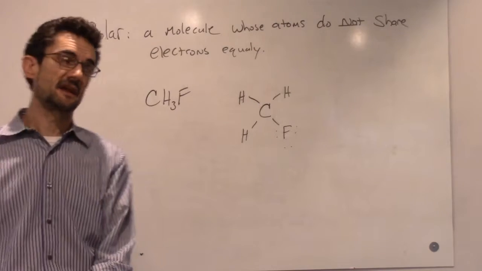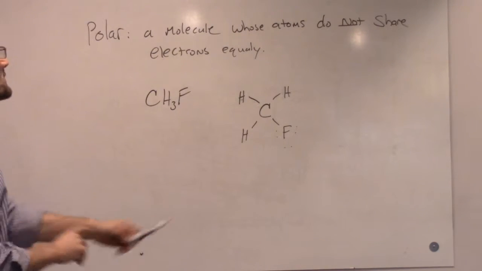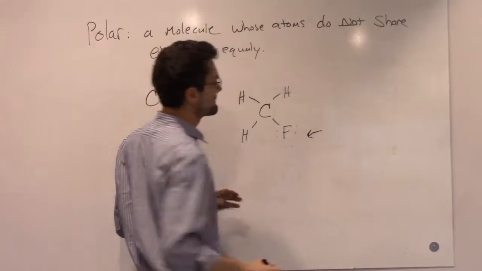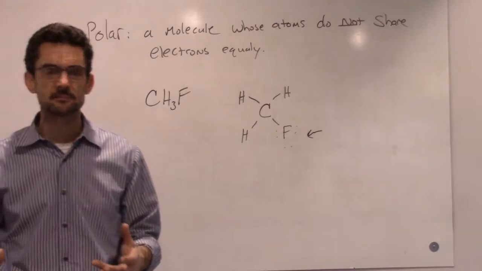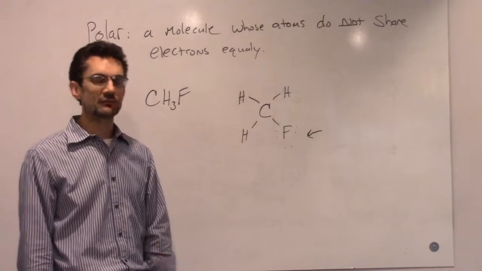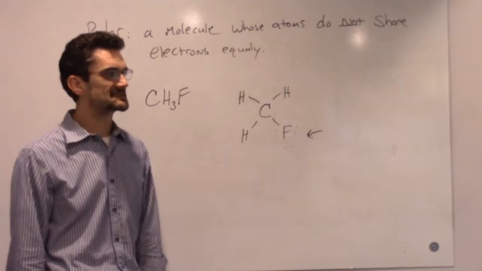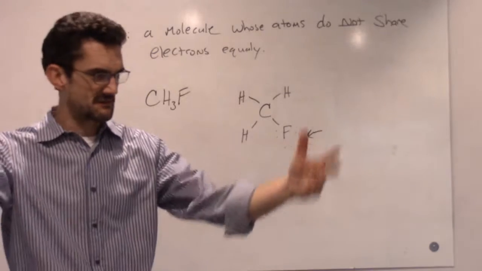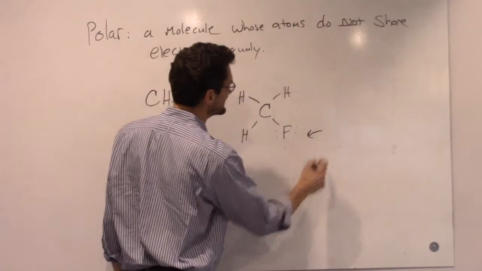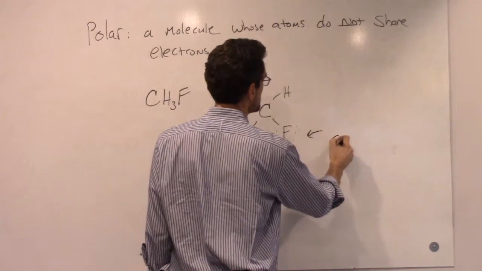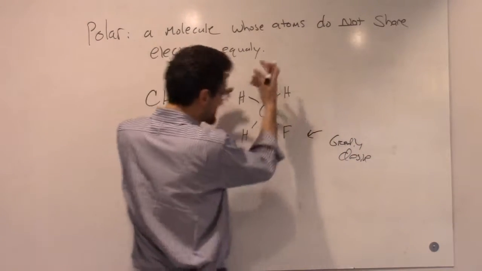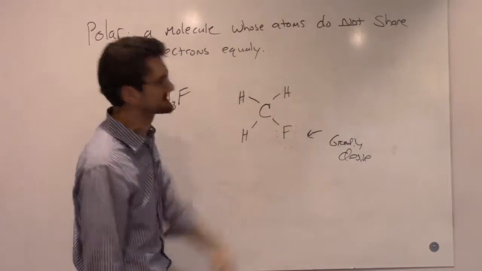Well, we know we're not living in the ideal world anymore, right? So, because it's not an ideal world, what is fluorine? Fluorine happens to be the most electronegative atom on the planet. Fluorine is very, very greedy for electrons. It wants to steal electrons. It is the master pickpocket of the electron world because it greedily desires electrons so much that it's going to pull some of these electrons toward itself.